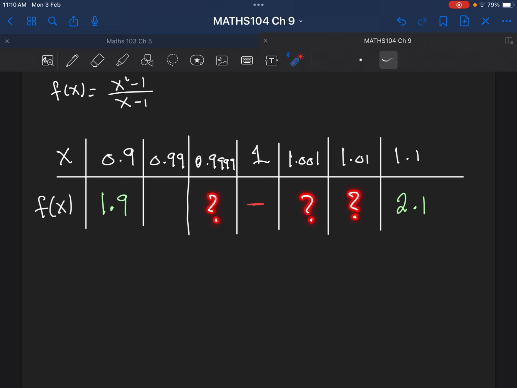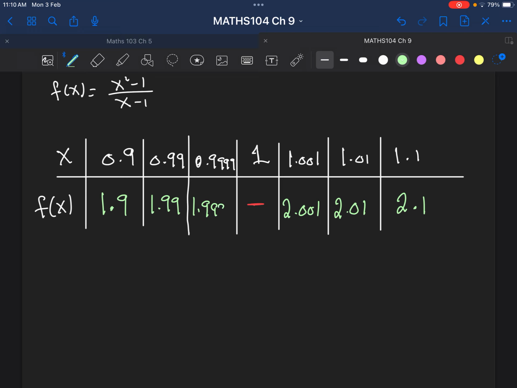Now, let's fill this table. Plug into your calculator, write this as the value for x, and write the answer here. If we do everything correctly, this will be 2.01, this will be 2.001, this will be 1.99, and this will be 1.9999.